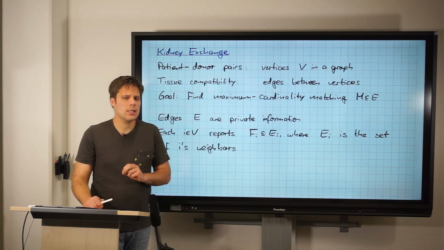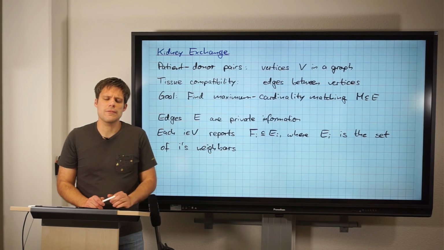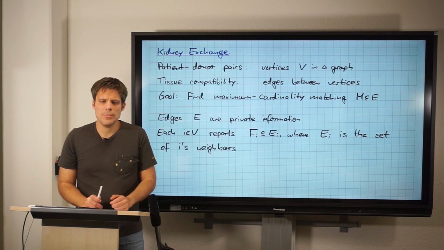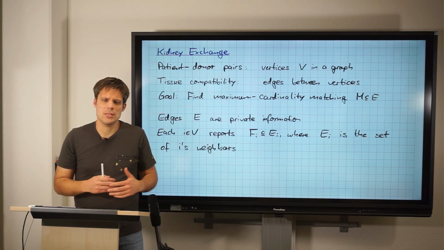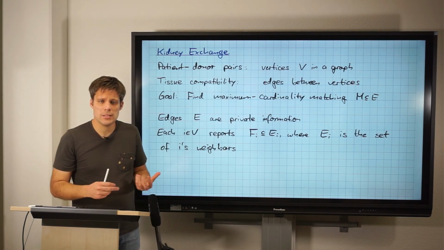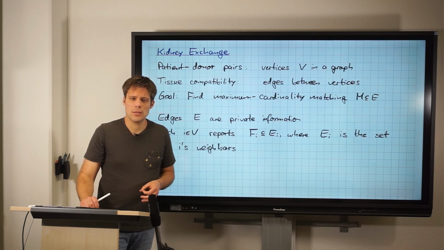Why don't we first give kidneys to the ones who are really difficult to match? And then what will happen is that eventually, because this is somehow private information, this is somehow the outcome of what the respective doctors find out, eventually everybody will say, okay, I'm really hard to match.